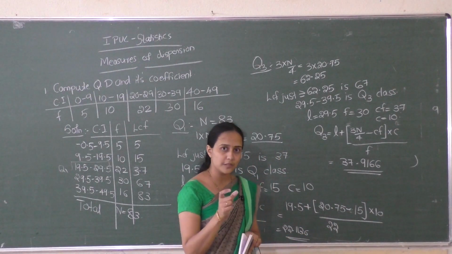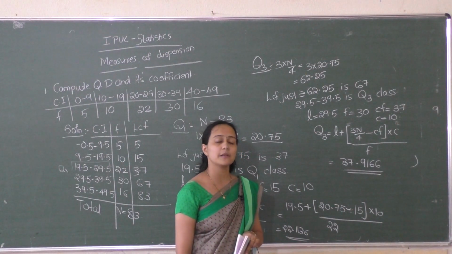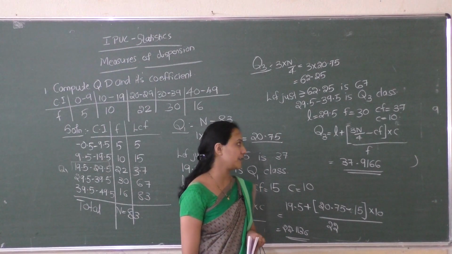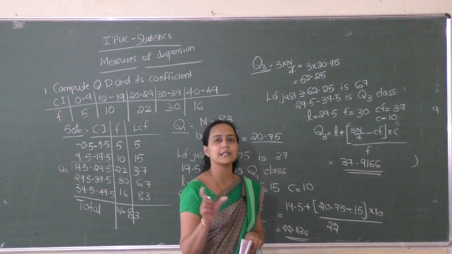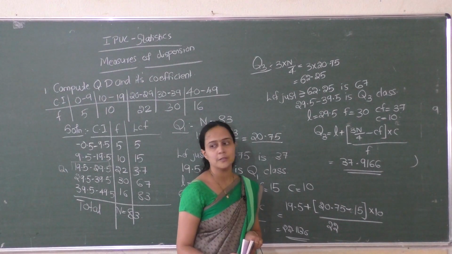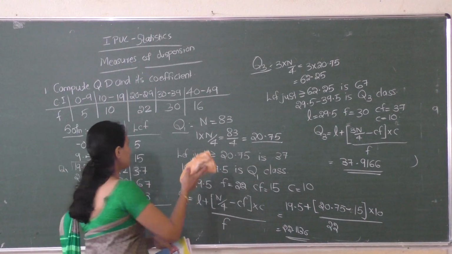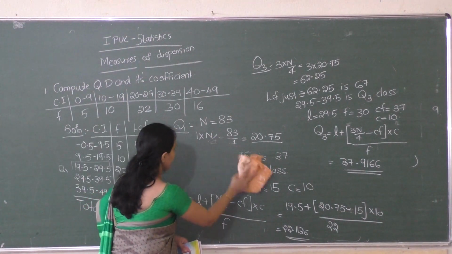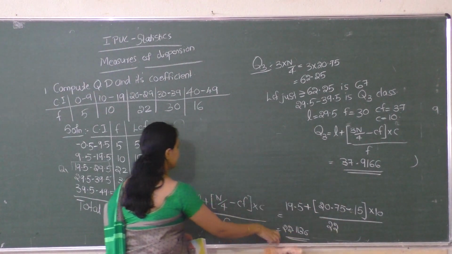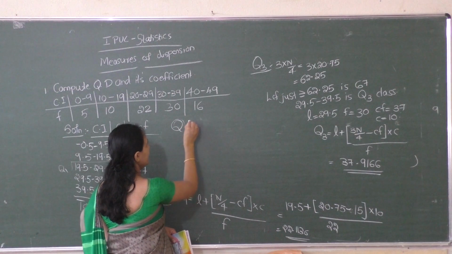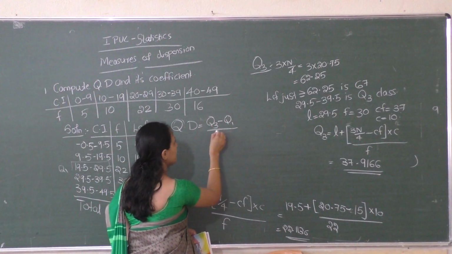Next we found Q1 and Q3. Next apply the formula of QD and coefficient of QD. What is the formula to find QD? QD equals Q3 minus Q1 divided by 2. I will do here only. QD equals Q3 minus Q1 divided by 2.